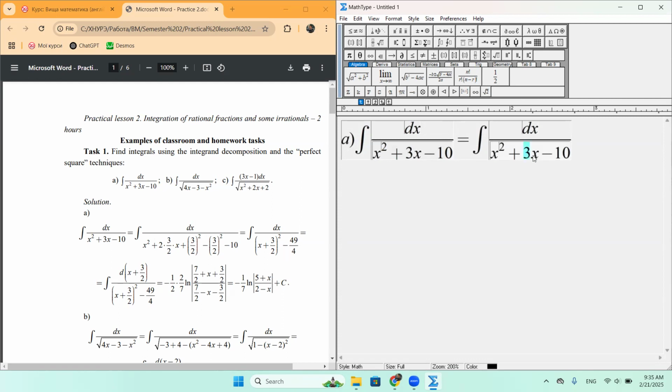Here is the double product. So 2 by 3 over 2 x, plus 9 over 4. So 3 over 2 in square and minus 9 over 4.